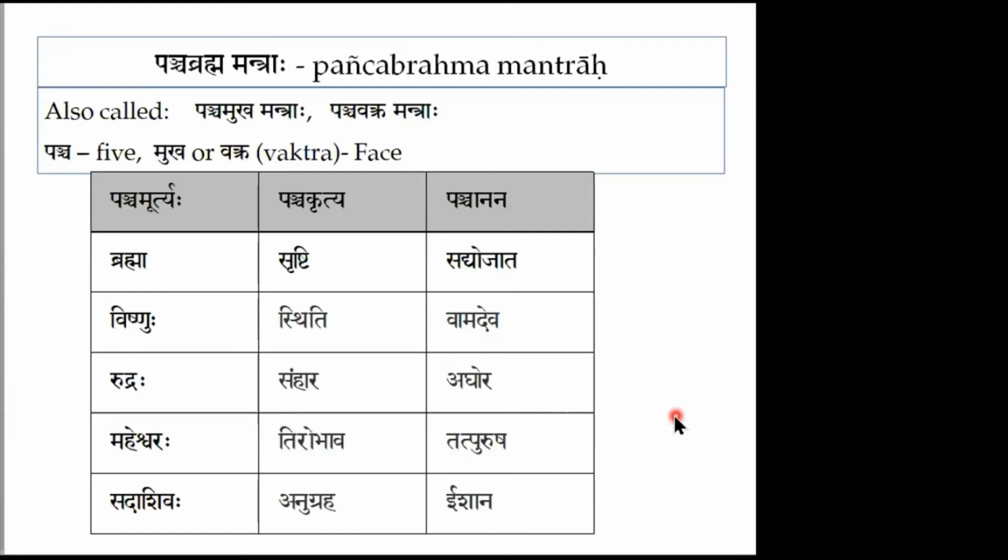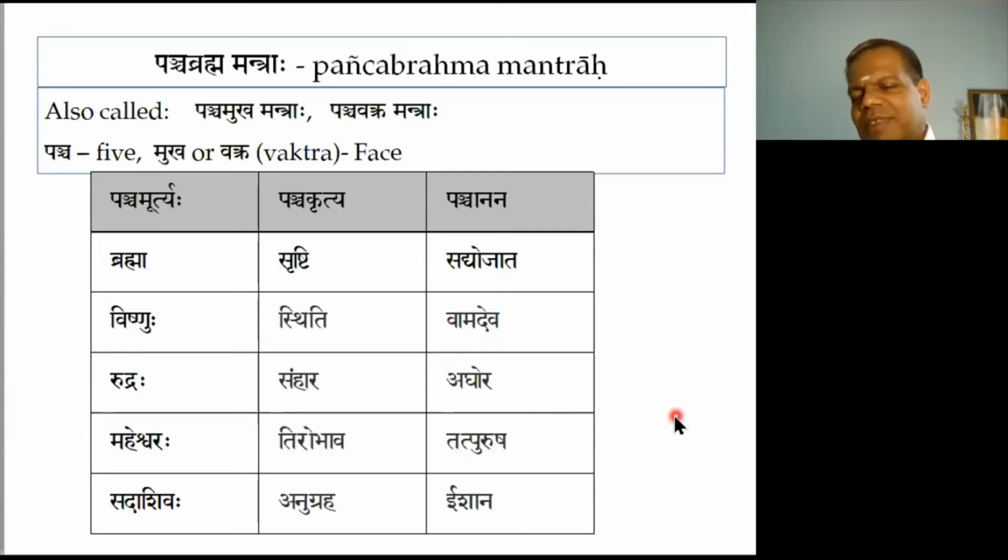But a couple of different texts have given slight changes, but this is the general description followed by the majority. Ultimately, it's all for our own use. Shiva is not only having five faces, he's looking everywhere.